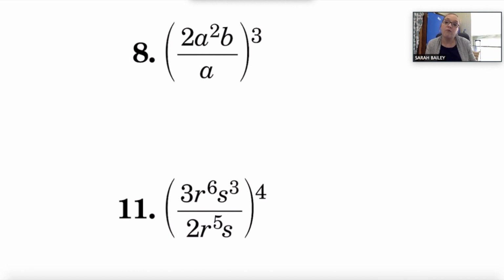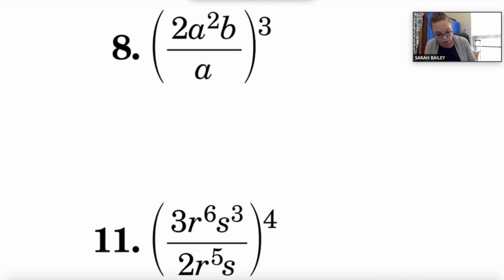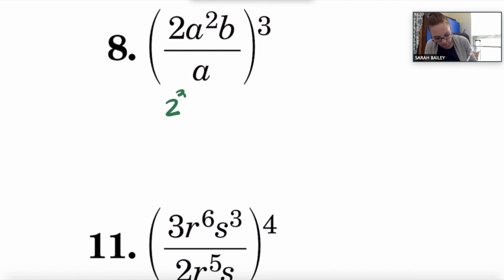So why don't we do that first? So I'm going to do 2 cubed times a squared cubed, which means that these exponents are going to be multiplied together. So that would be a to the 6th times b cubed all over a cubed.